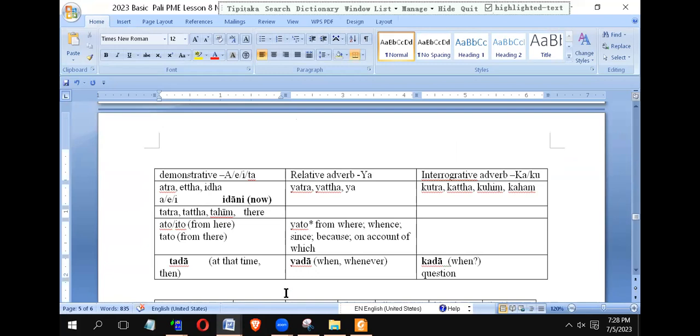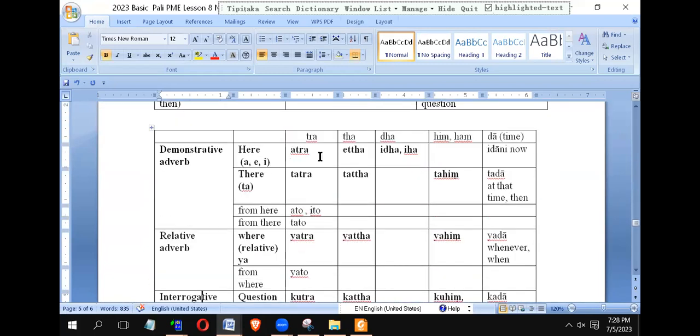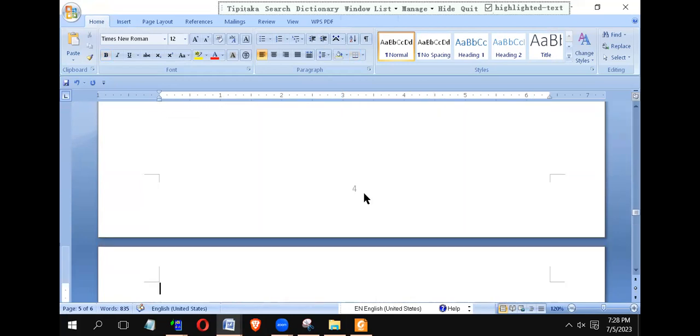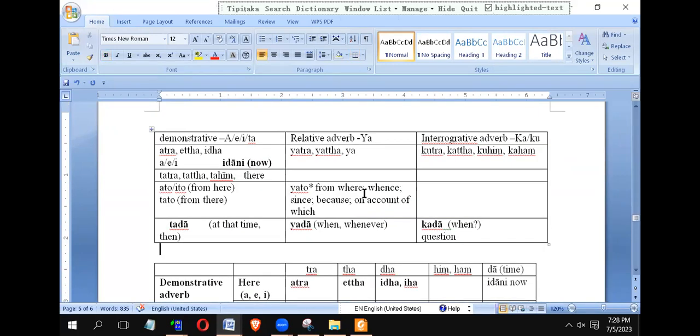Where's my notes? All right. Previously I was showing you this note, I hope you all still remember. Okay, I think this note is easy. Under the demonstrative, you have here, there, from here, from there.